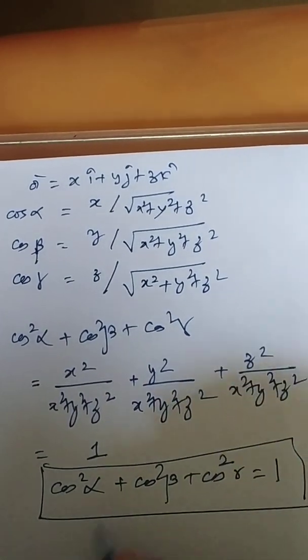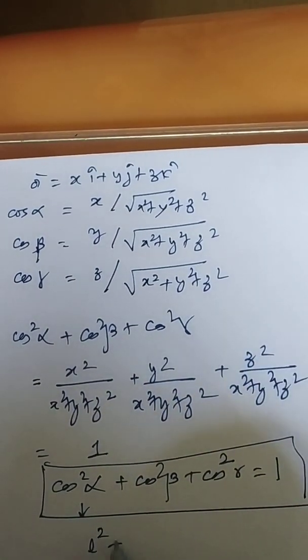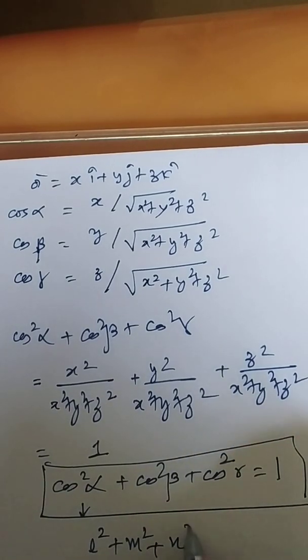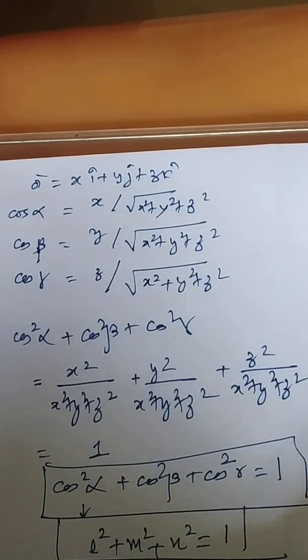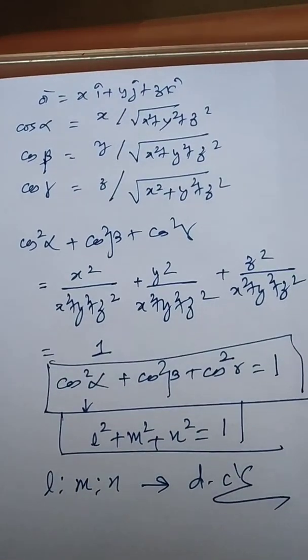Sometimes this is written as L square plus M square plus N square, where L, M, N are called the direction cosines.